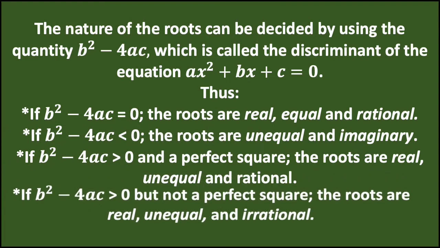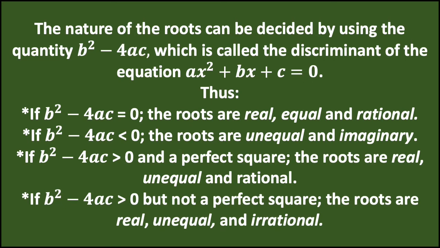And for the last case, if the discriminant b squared minus 4ac is greater than 0 but not a perfect square, the roots are real, unequal, and irrational numbers.